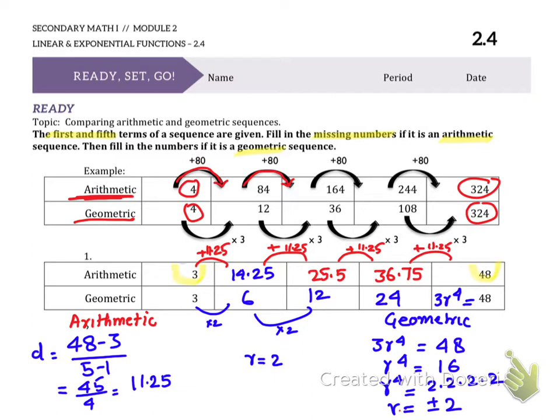So we need to check whether minus 2 will also work. It will alternate the sign. If r is negative 2, multiplying gives minus 6. Then again that's 12. Then it will alternate in sign like this, and you can get your answer.